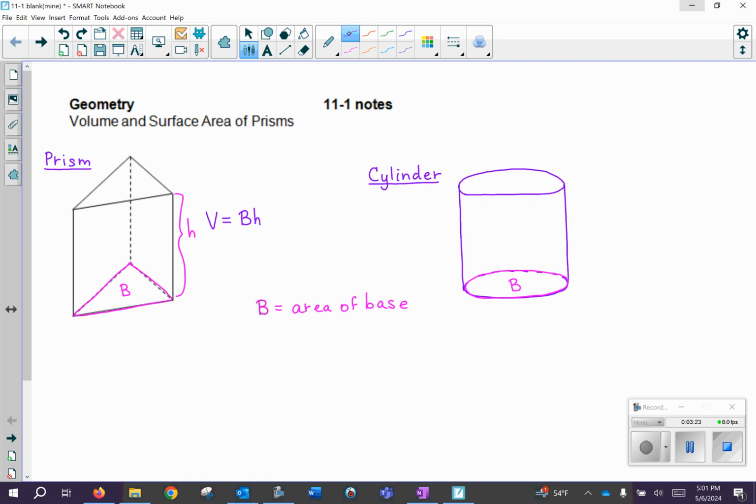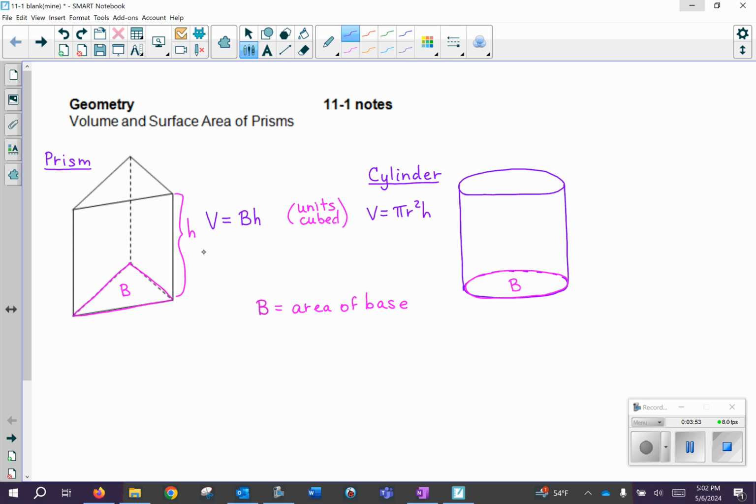All right, so for a cylinder then, the volume equals the area of the base, the same as this one, but for a circle, it's going to be pi r squared times that height, h. Since it's volume, 3 dimensions, the units are cubed. Okay, so I'll just write it in between here. Units are cubed for volume.